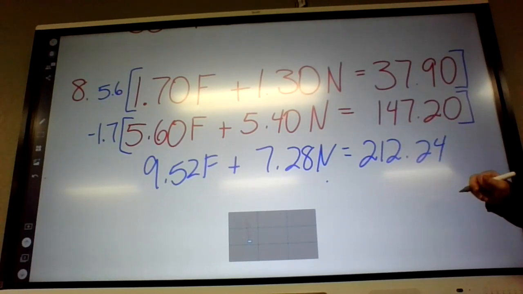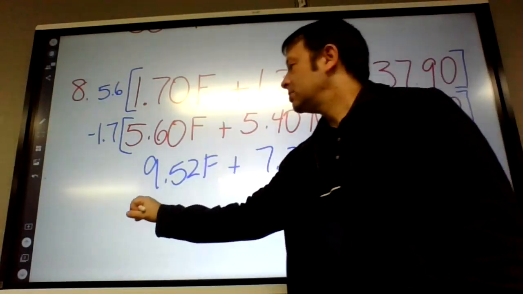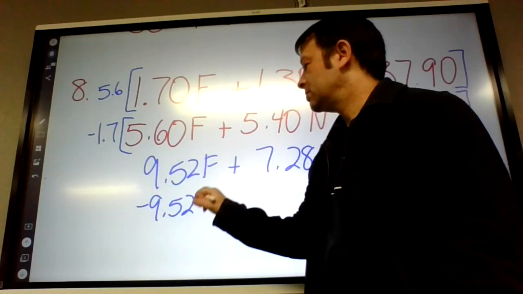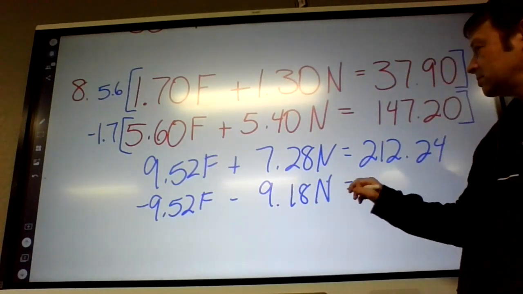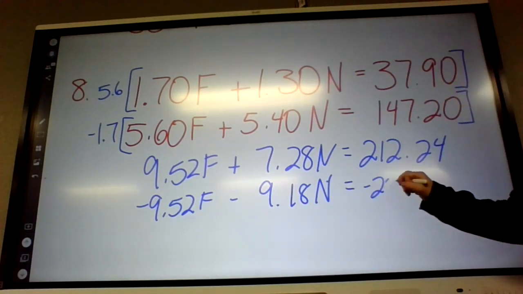Then the bottom one is negative 9.52 F minus 9.18 N equals negative 250.24.